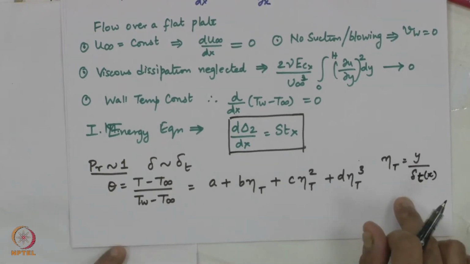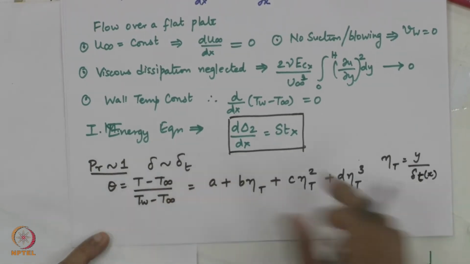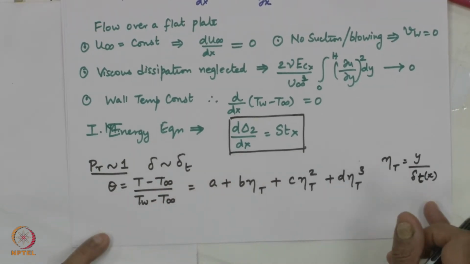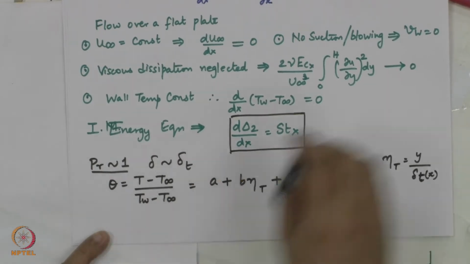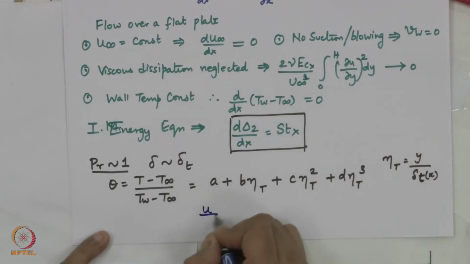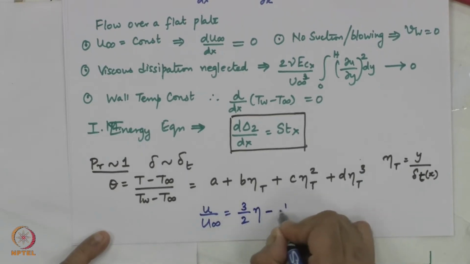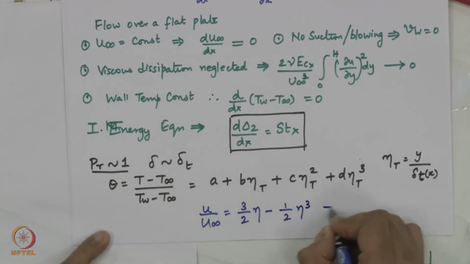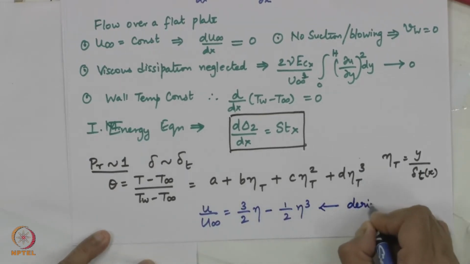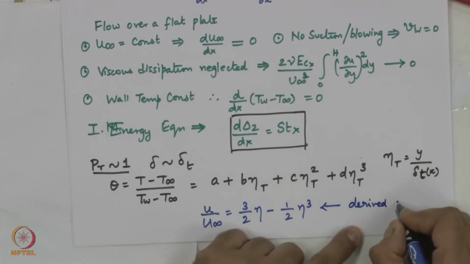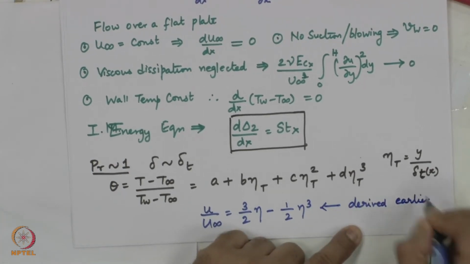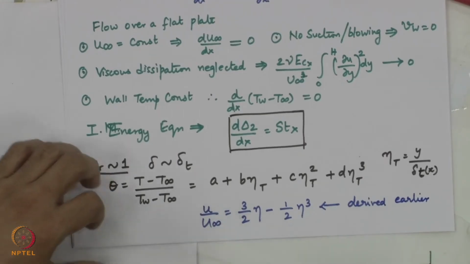In this case, delta t and delta are almost the same, so it can be y over delta as we did in the previous definition. Remember, we had this solution u over u infinity is 3 by 2 eta minus half eta cube. This was derived earlier, two modules ago. So, we will do something similar.